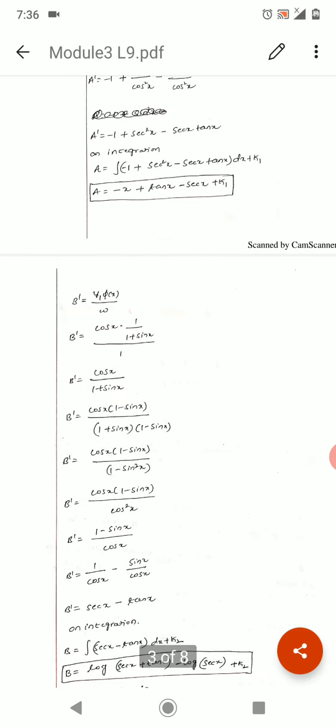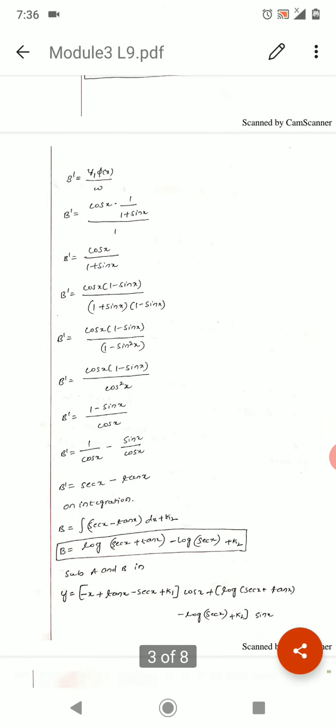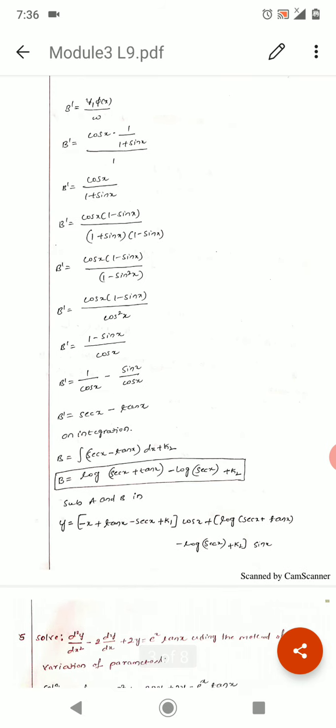Now B' = y1 φ(x)/W. Here y1 is cos x into 1/(1 + sin x), divided by 1. So B' = cos x/(1 + sin x). Again the conjugate of 1 + sin x is 1 - sin x.